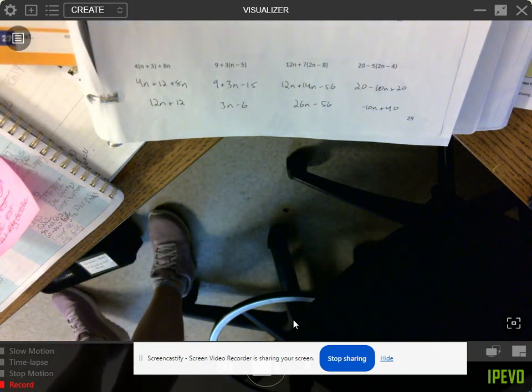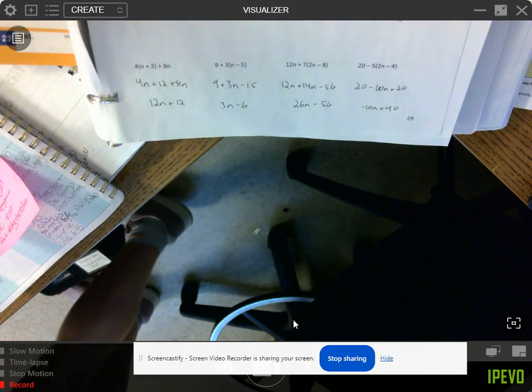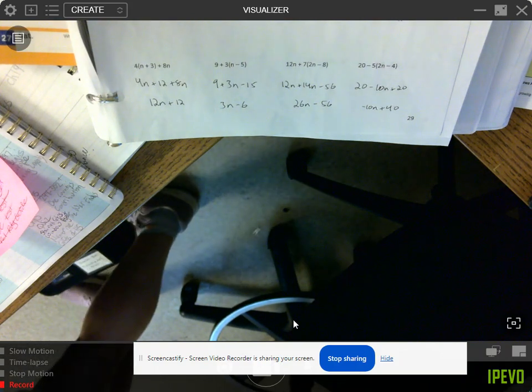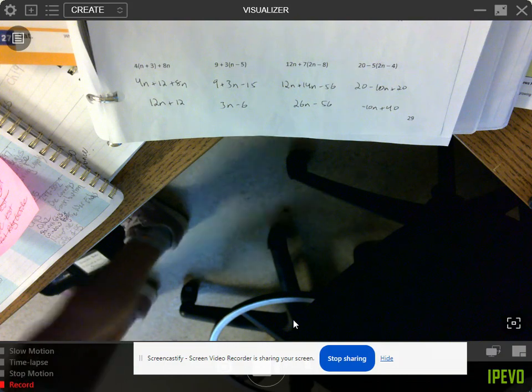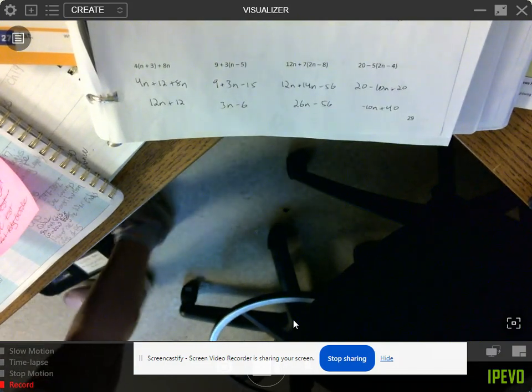What we are going to do now, instead of doing the next objective, is I have a work page that we're going to do. That's the same kind of math. And you're going to bring it to me to get it checked off when you have it done. You are not going to rush through it.